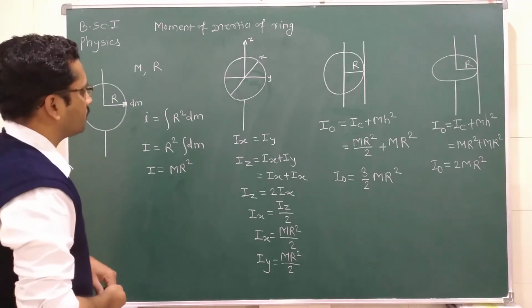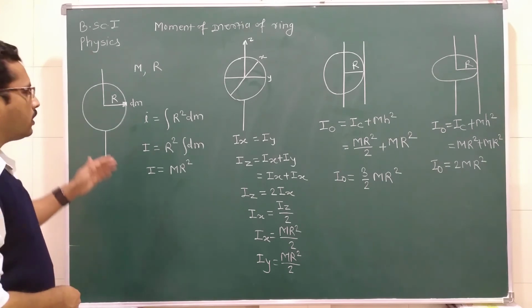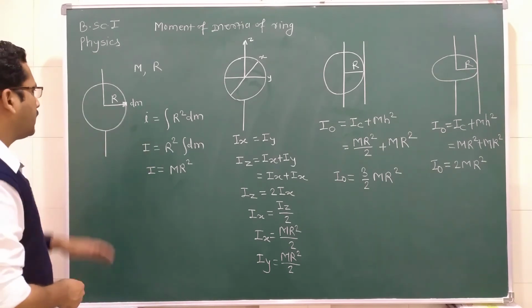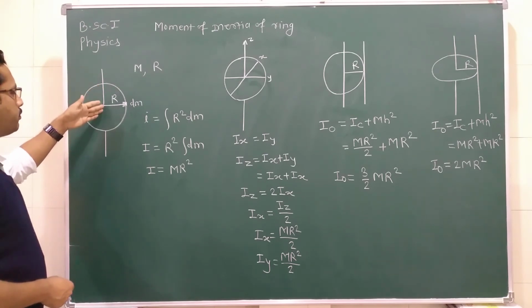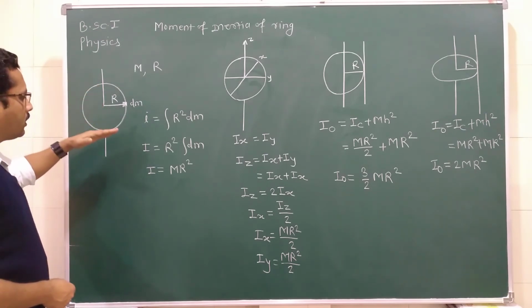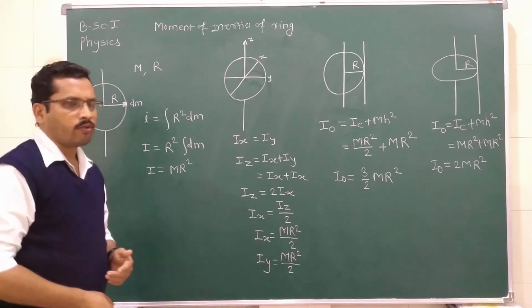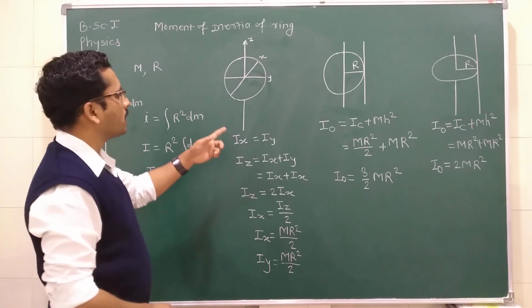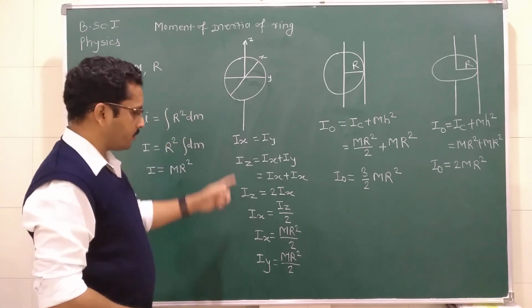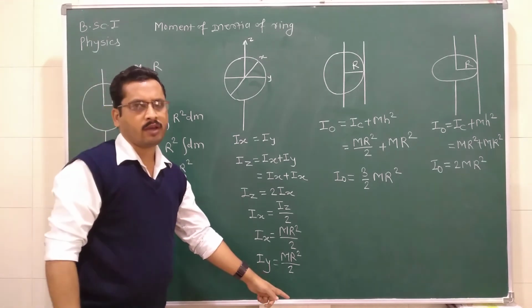In this lecture we discussed the moment of inertia of the ring about different types of axes. In the first case, the moment of inertia about the axis passing through the center and perpendicular to the plane is simply mr square. Then we calculated the moment of inertia about the diameter, which is mr square by 2.